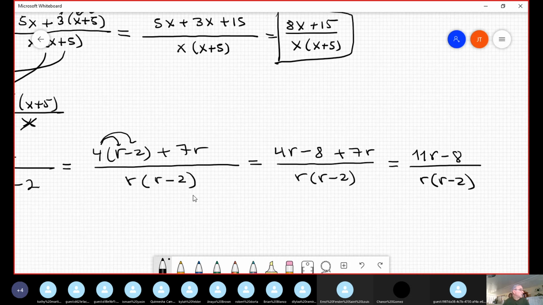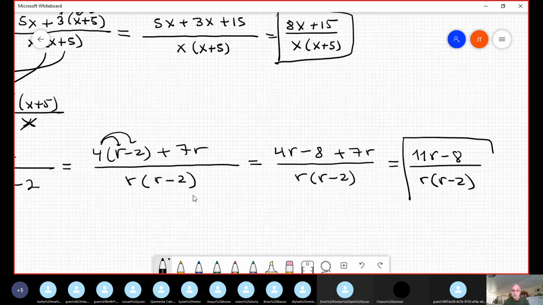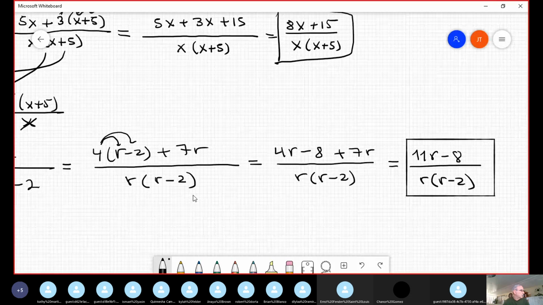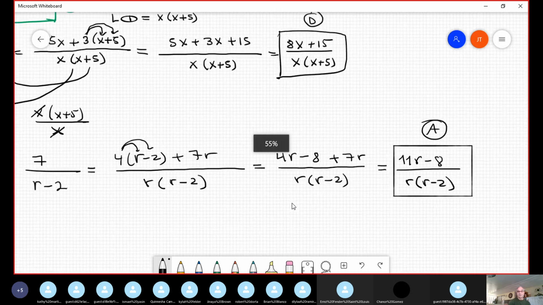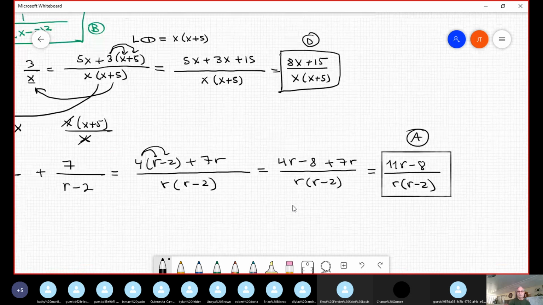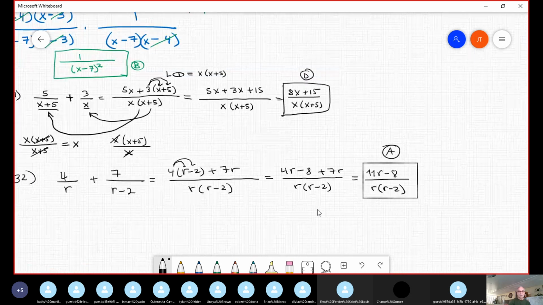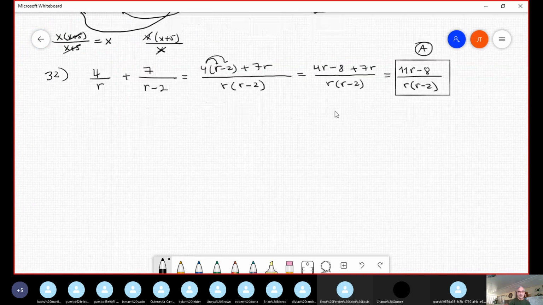Okay, 11r minus 8. What option do you consider we need to select? 11r is A, no? It's obvious that it is A. Is addition and subtraction easy, or is it complicated?